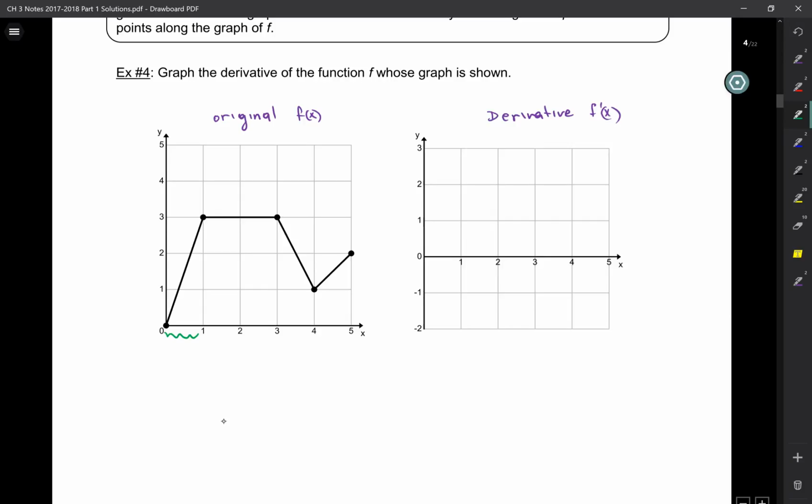What is the slope of that part from 0 to 1? 3 over 1. Negative slope would go down. This is increasing, so it's 3. So the slope is this. Now, here's what we do.